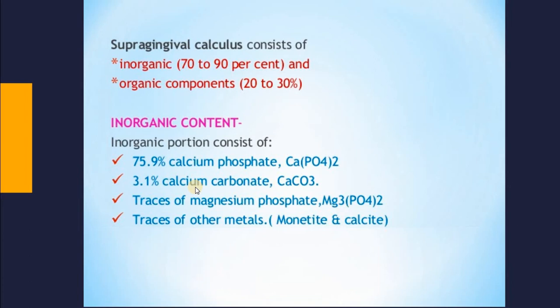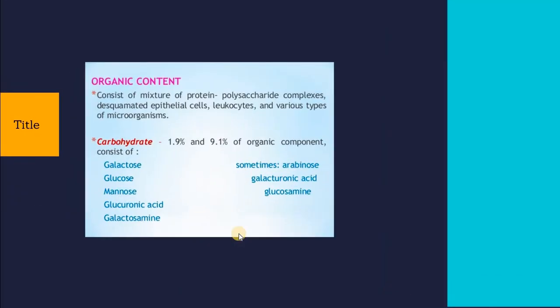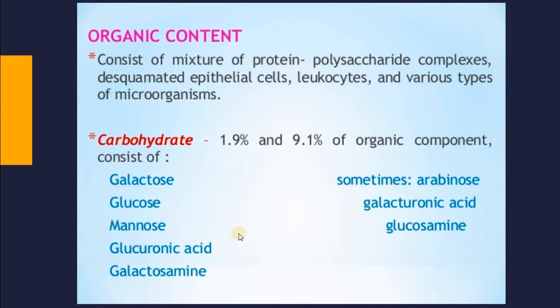For example, the inorganic portion has calcium phosphate, calcium carbonate, and traces of magnesium and other metals, while the organic contents consist of proteins, polysaccharide complexes, dead cells, leukocytes, and various types of microorganisms.